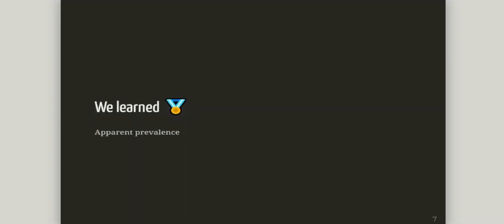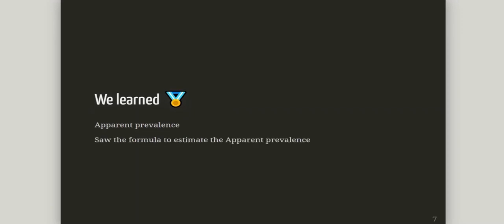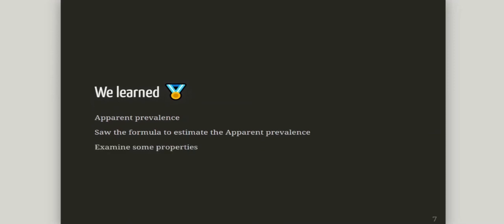So in this lecture, we have learned about what is called the apparent prevalence, and we saw how to calculate the estimate of the apparent prevalence. We saw the formula, and you can examine some properties of this estimate.